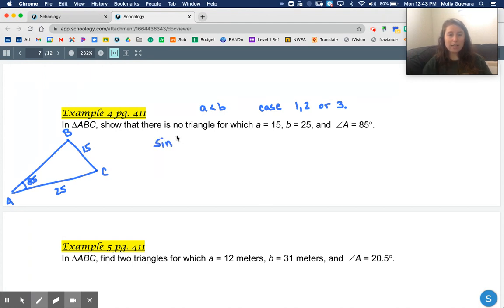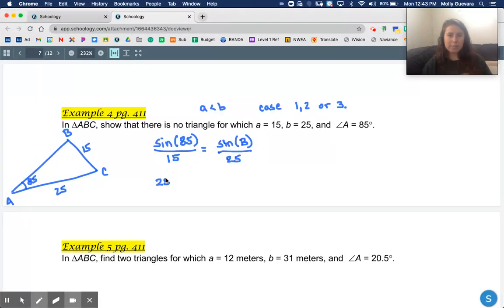So I have sine of 85 over the side, which is 15, equals sine of my angle, angle B, over side b, which is 25. And we cross multiply and solve.